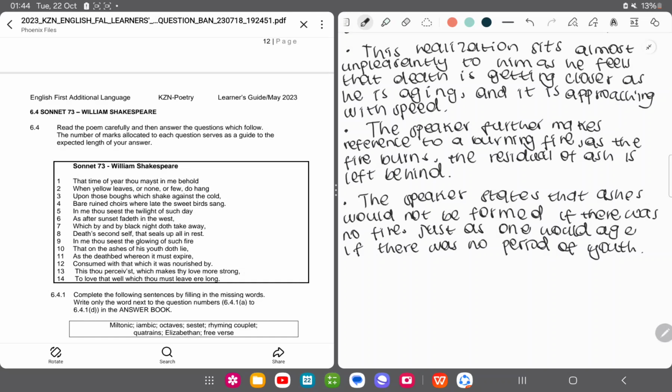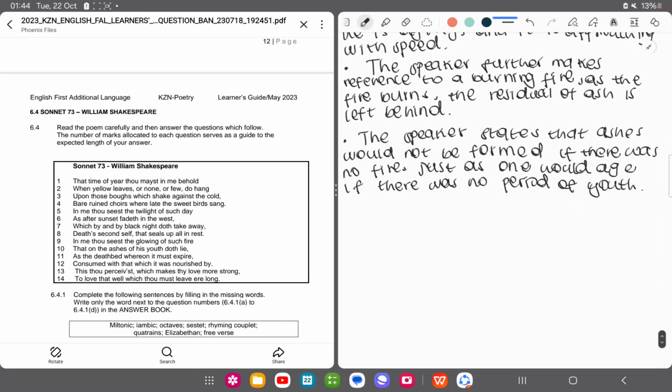Right, so that is the theme of death. You can also indicate that the speaker compares death to night, the twilight, when sunset is about to take over, when darkness is about to take over. Just as your answer signifies a theme of death, it should be in relevance to the theme of death. It should be explaining death in some way.